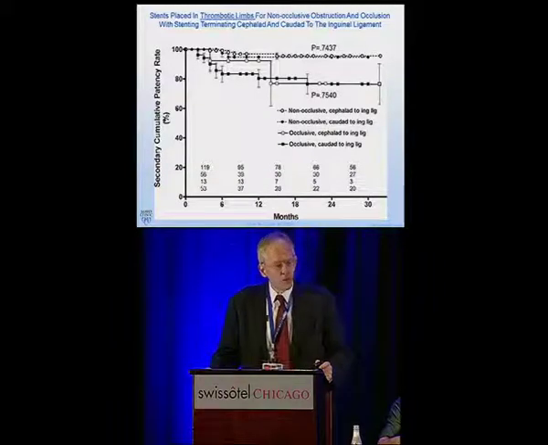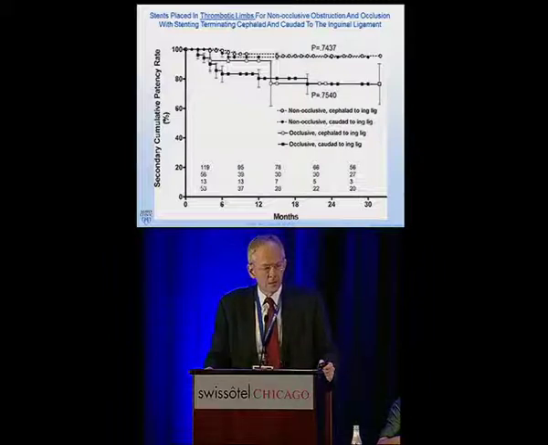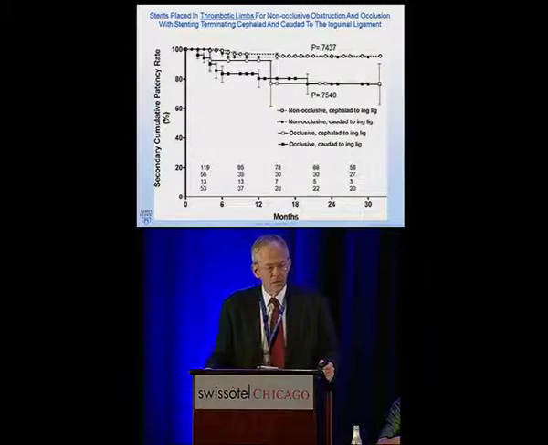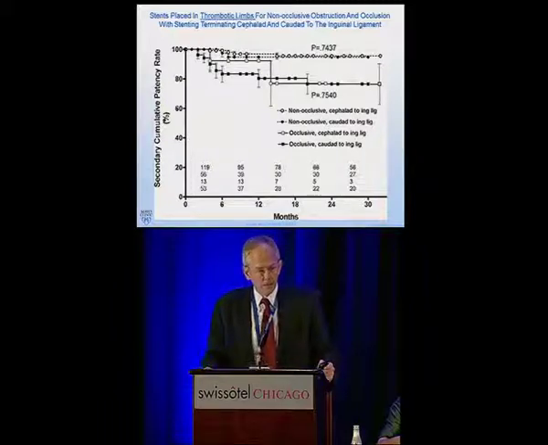Now they also looked at non-occlusive and occlusive obstructions and found that there was no significant difference if you placed stents below the ligament in a non-obstructed segment as compared to a placement above.